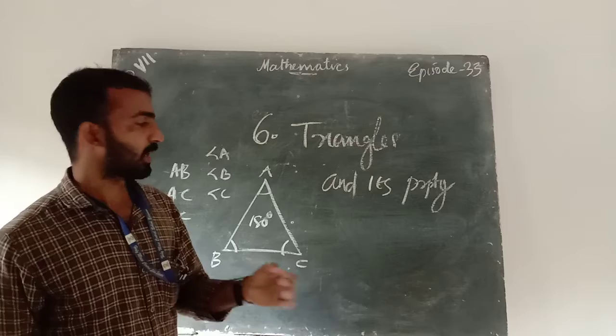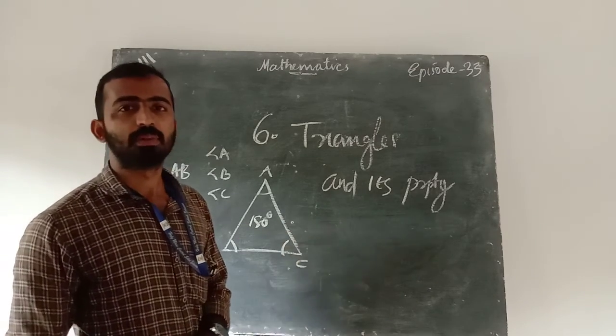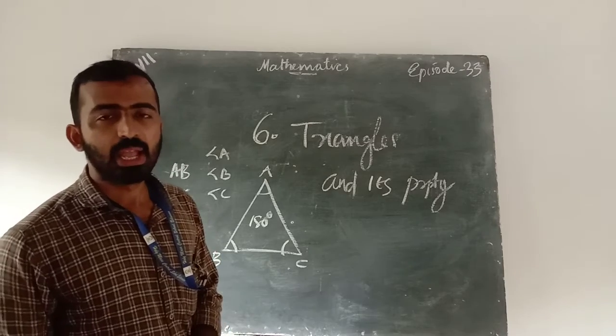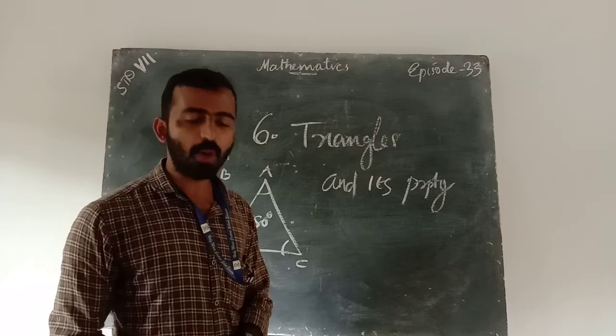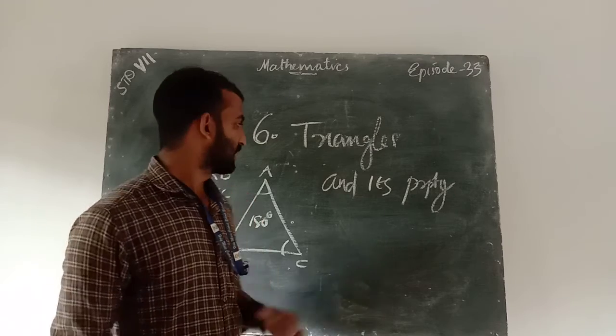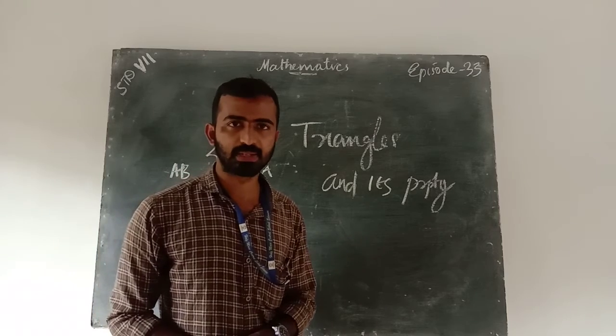Above 90 degrees, we call it obtuse, and 90 degrees is a right angle. These are the properties of triangles. In the next class, we will discuss the properties of triangles further. These are the basic information about triangles.